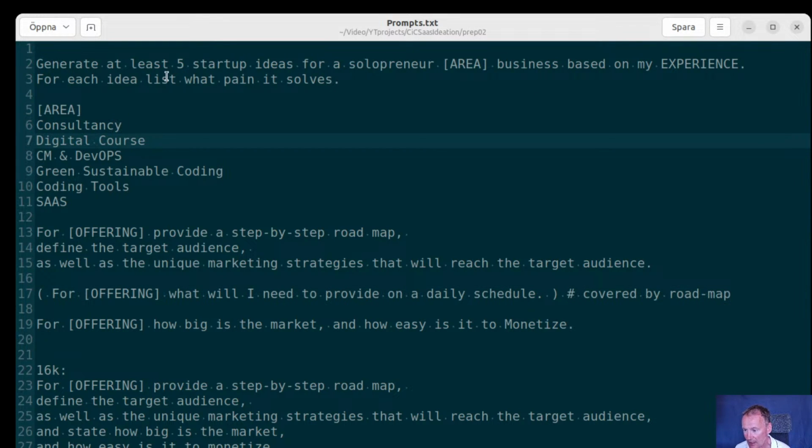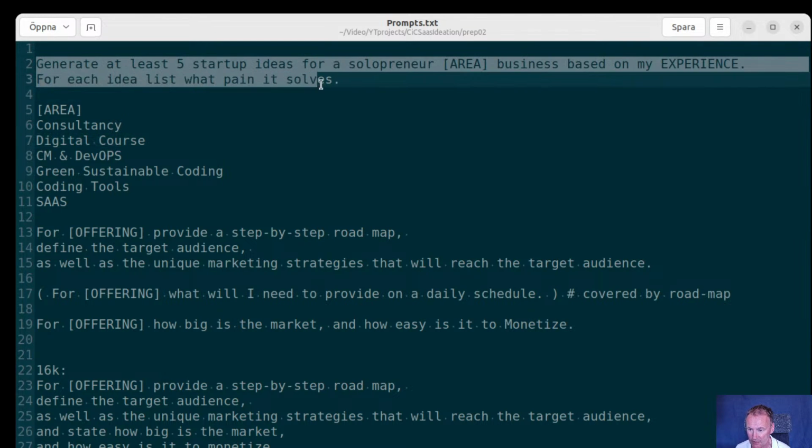As you can see, I have a lot of areas: consultancy, courses, DevOps part, sustainable coding, coding tools and SaaS, and so on. But we will stick with consultancy. So we will use this prompt: generate at least 5 startup ideas for a solopreneur in the consultancy business based on my experience.